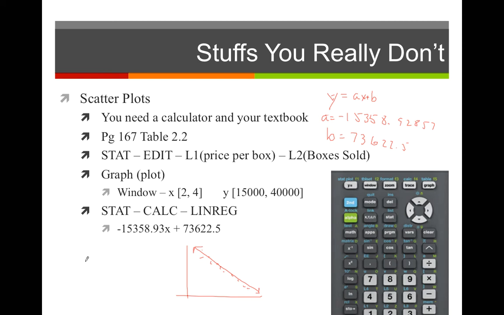And then I could ask some questions. Like, how many boxes are you going to sell if you made it worth, I don't know, let's say $3.50 or $3.90?